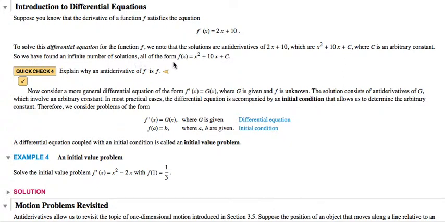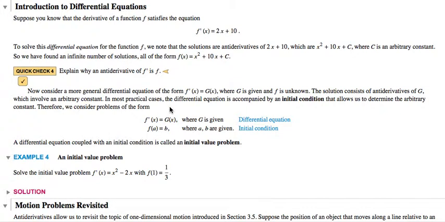Here there are an infinite number of solutions, all of which have this form. Now, if we consider a more general differential equation where f prime of x equals g of x, where g is given and f is unknown, the solution has to consist of antiderivatives of g, all of which involve some arbitrary constant.